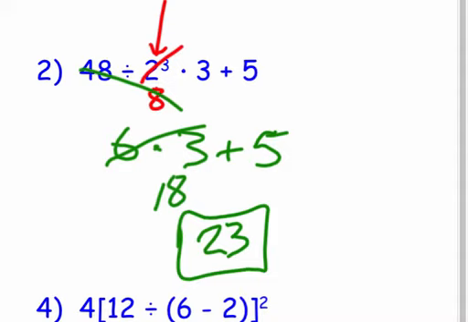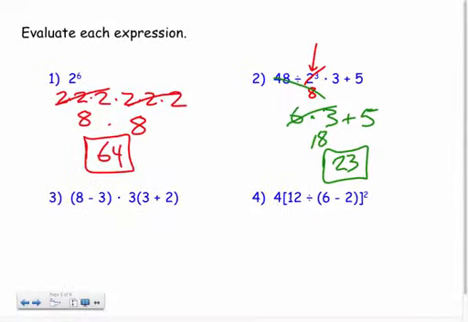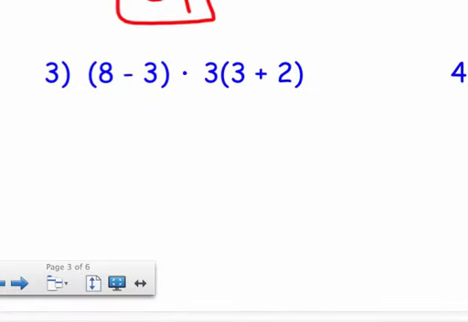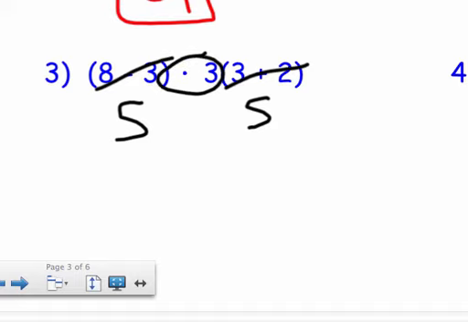So just follow your order of operations. Looking down at the bottom, parentheses. Well, I've got 2 sets of parentheses, so maybe just work left to right. My first set of parentheses, 8 minus 3, is 5. My other set of parentheses, 3 plus 2, is also 5. I probably want to rewrite this because I still have this times 3 in the middle. So I have 5 times 3 times 5.